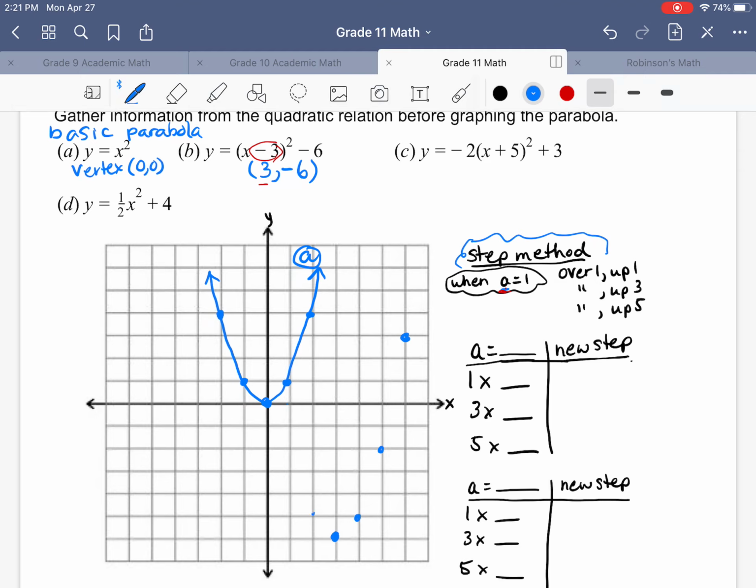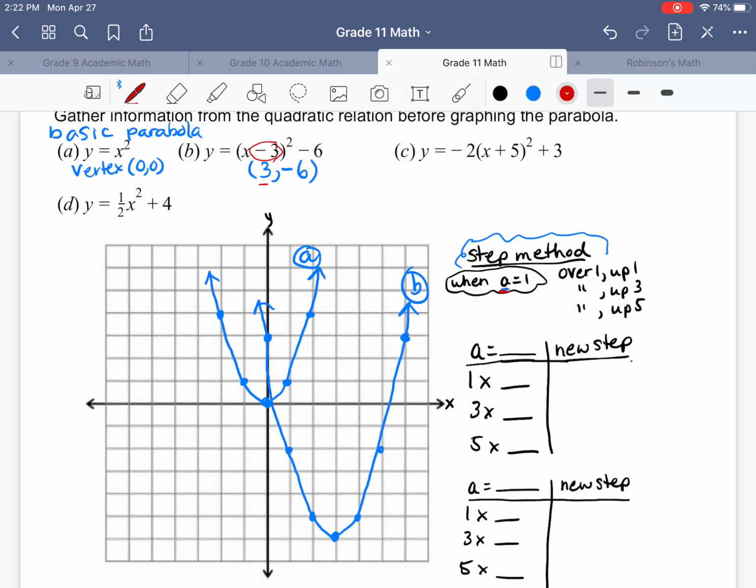Over 1, up 1 point, over 1, up 3 point, and over 1, up 5 point. And we're going to draw a smooth curve through our points and extend past those last points and put an arrow on the end. Okay, we should label that as B. Let's go to C now.